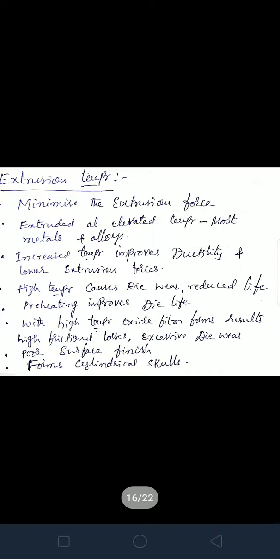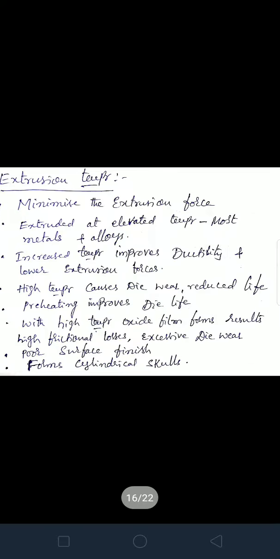With high temperature, as we already discussed, oxide film forms around the billet. This oxide film so formed is very hard, results in high frictional losses and excessive die wear. In addition, oxide film also affects metal flow and deformation pattern. The surface finish it also destroys.